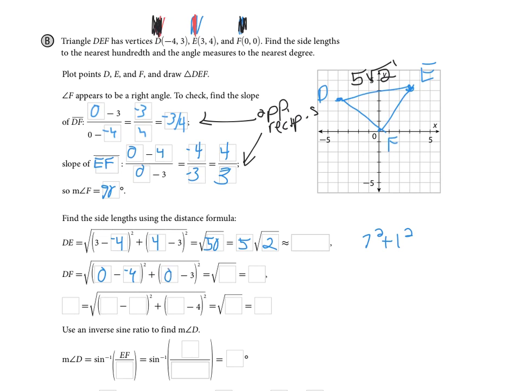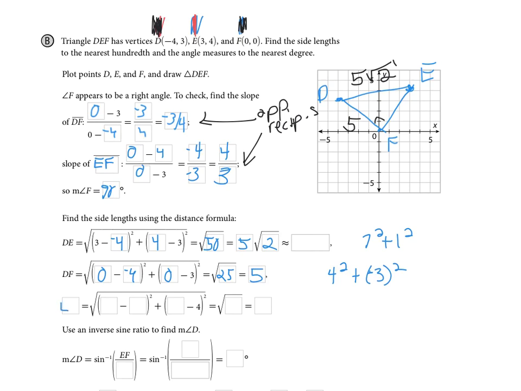And so in that case, we have a 4 squared, and then plus a -3 squared under the radical. So 16 plus 9 is 25. And the square root of 25 is just a nice round 5. So DF has a length of 5 with our right angle in the middle here.